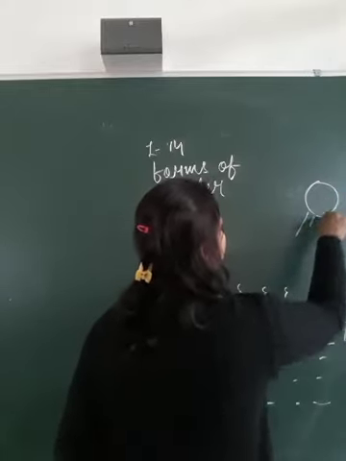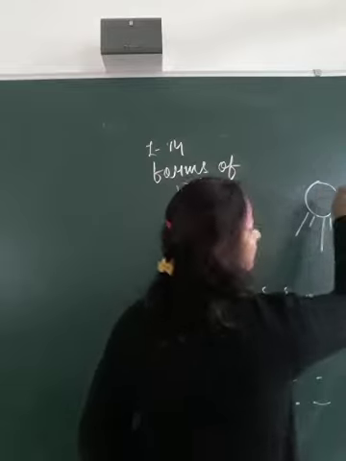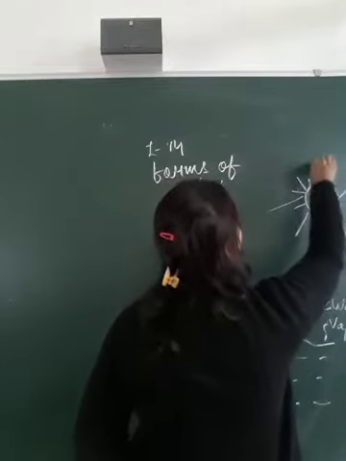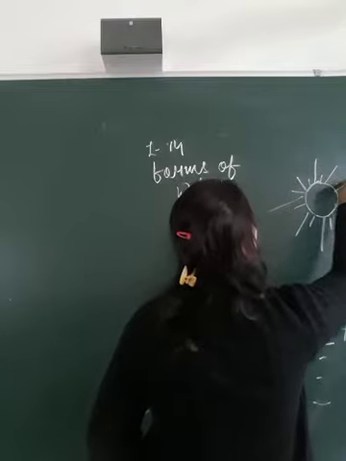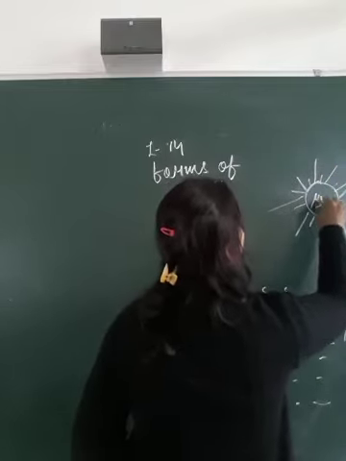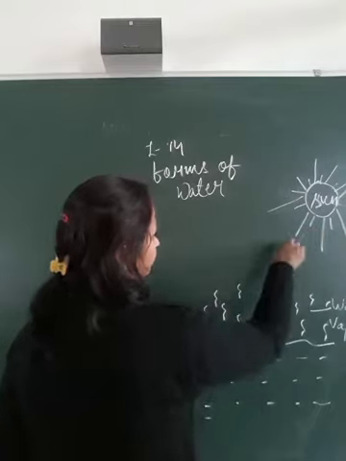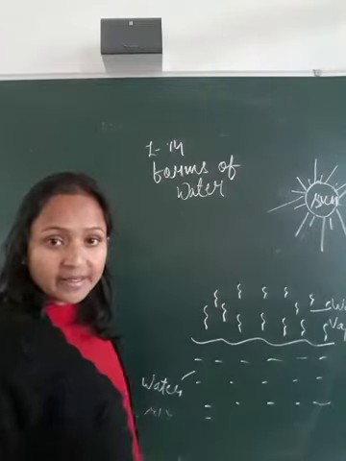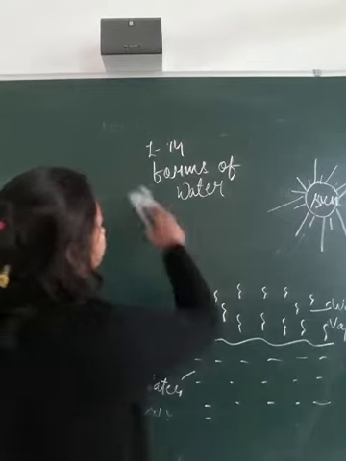Due to the heat of the sun, some water changes into water vapor. Water changes into water vapor, then it forms the clouds.